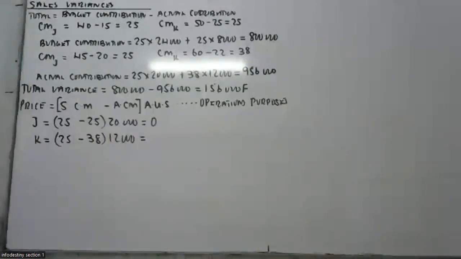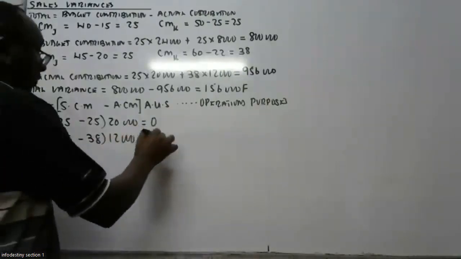So work out 25 less 38, you multiply by 12. What are you getting? Negative 156,000.